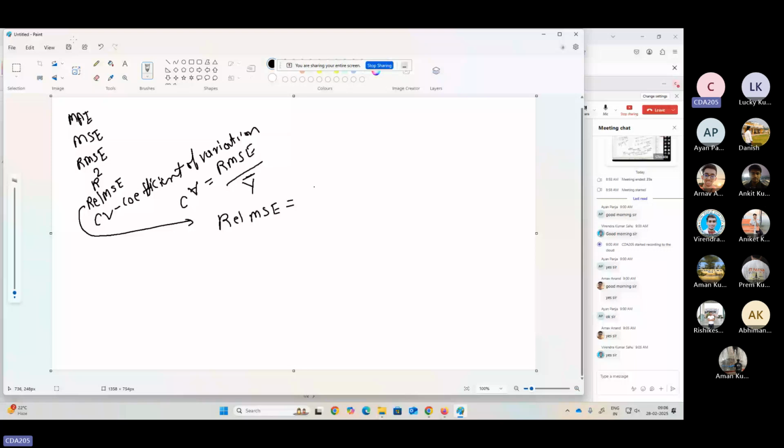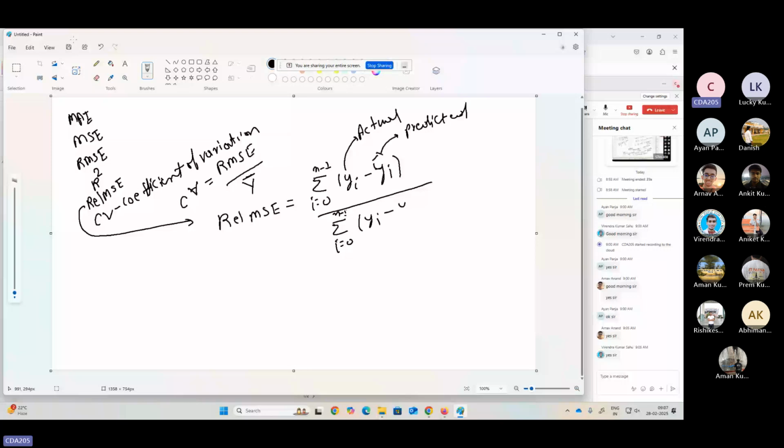So the formula is summation i equal to 0 to n minus 1 of (yi minus y cap) by summation i equal to 0 to n minus 1 of (yi minus yi cap), sorry, here it is mean square. Here yi is the actual value and y cap is the predicted. Are you clear with this, everyone?